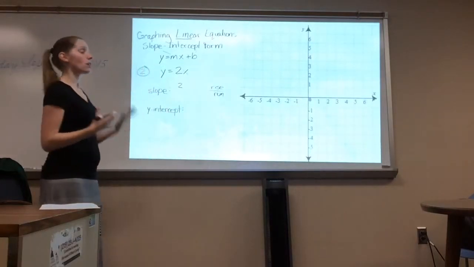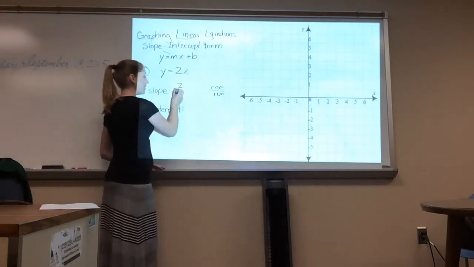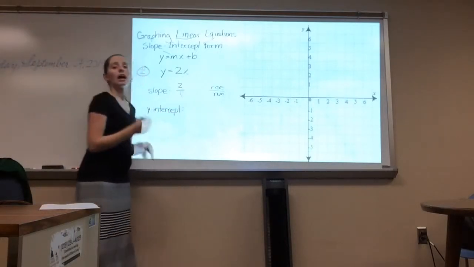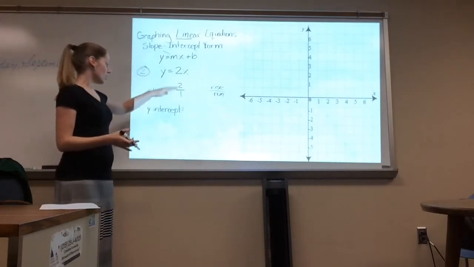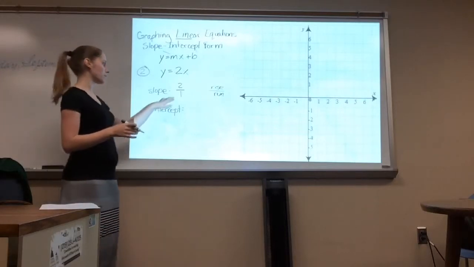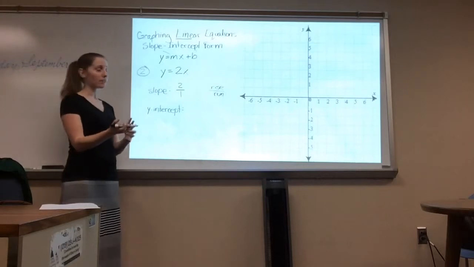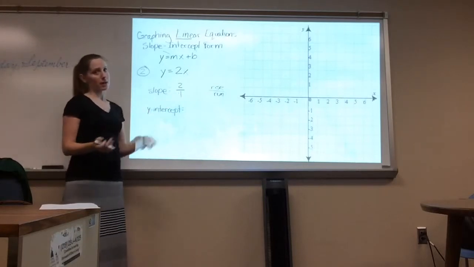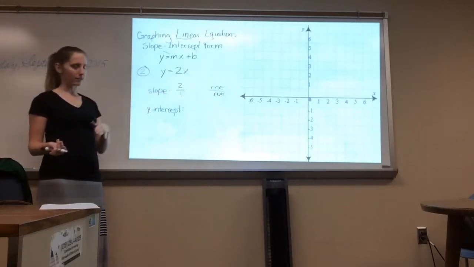Well, whole numbers are fractions, just the denominator's not really written. So if we make this over 1, I now have my rise and my run. So anytime you're given a slope that doesn't have a denominator, always, always, always put +1 in the denominator. It doesn't matter if the numerator is positive or negative. That denominator is always a +1, okay? So 2 over 1, that's my fraction.